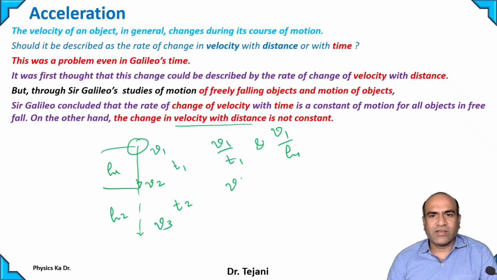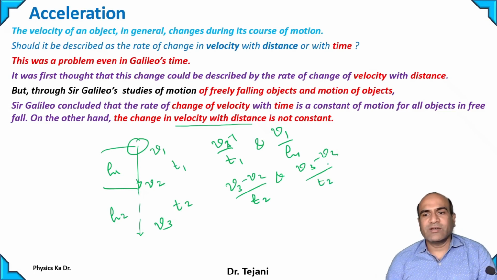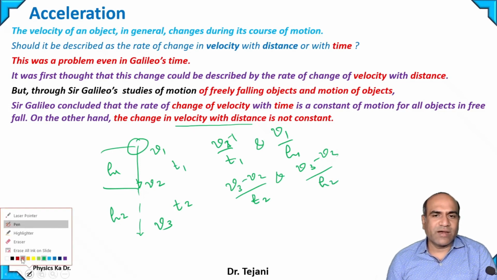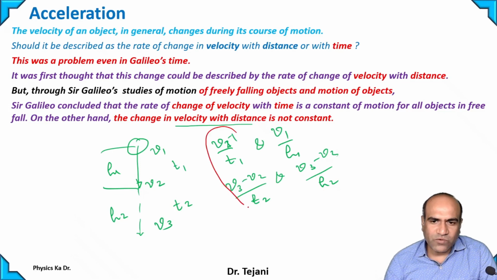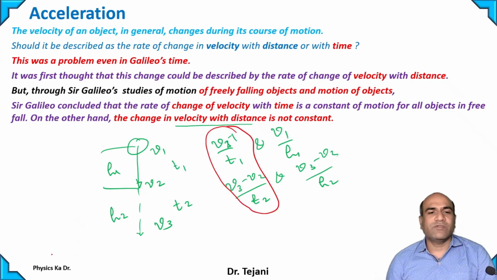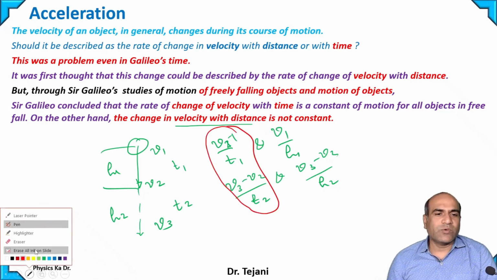So we take v2 minus v1, and here v3 minus v2 divided by t2, and v3 minus v2 divided by h2. In this case, Galileo identified that this ratio of velocity to time remains constant.